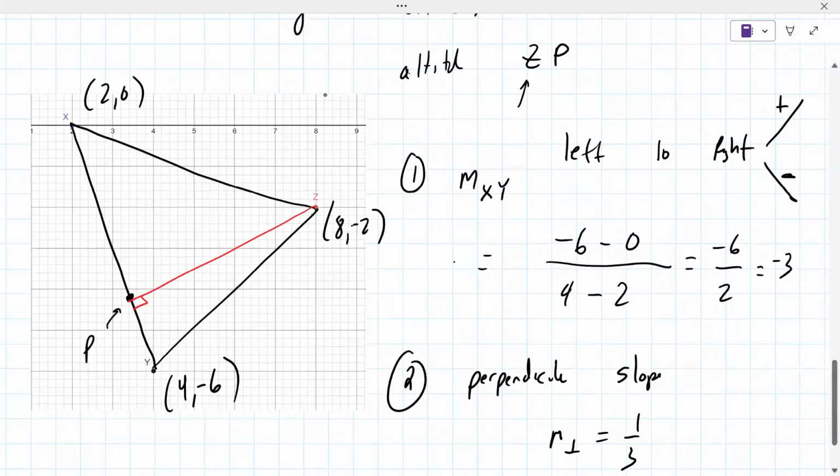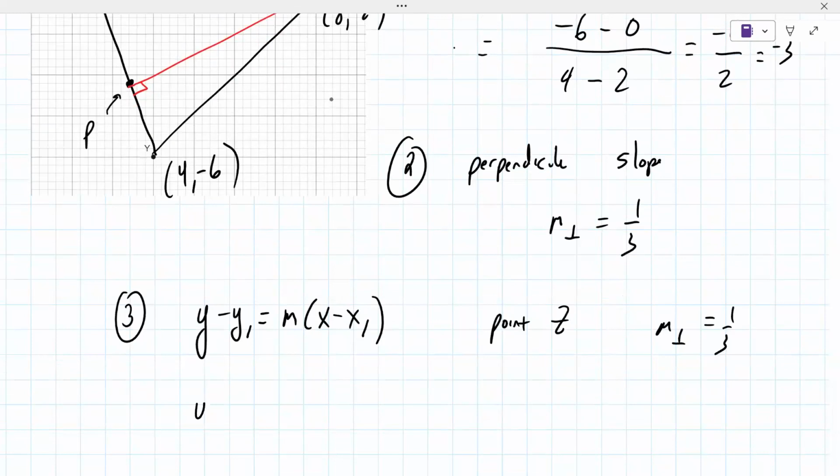Yeah. Okay. So is it y - (-2) = 1/3(x - 8)?